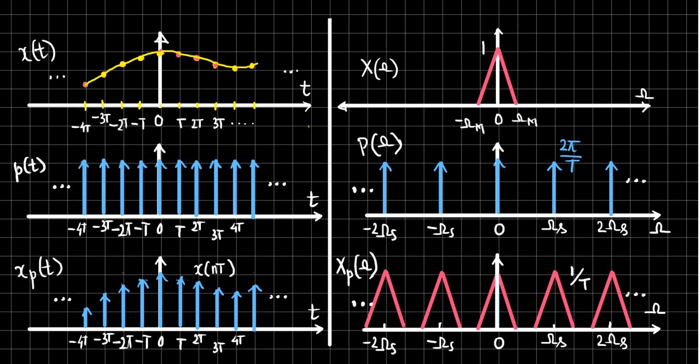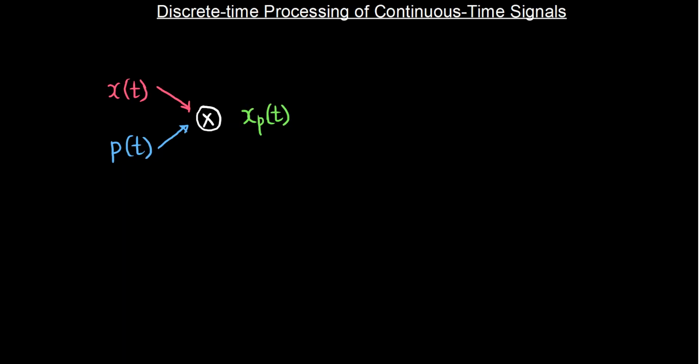Now you can note that xp of t is still continuous in nature. Just because it's a function of t, it is still continuous in nature, so we can't feed this to a computer. This signal is still continuous, and in order to discretize it, we need to convert or map these impulses into a sequence.